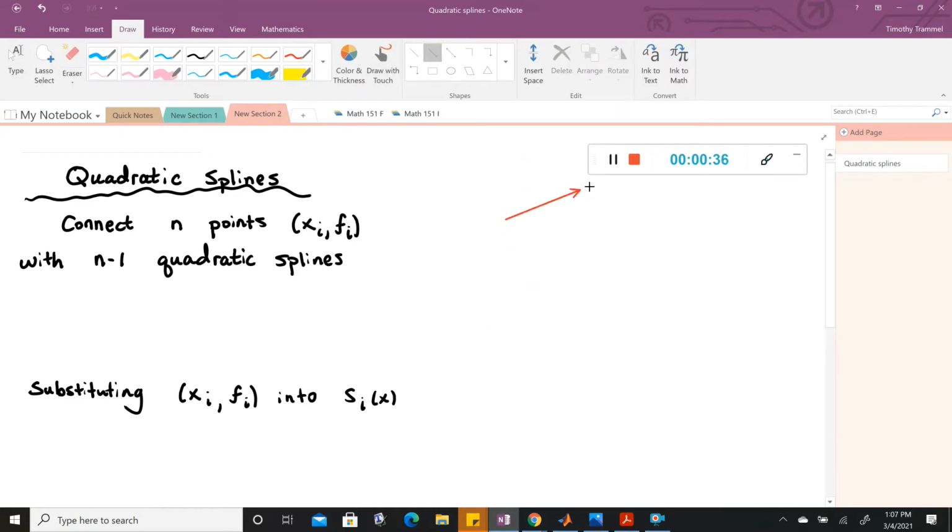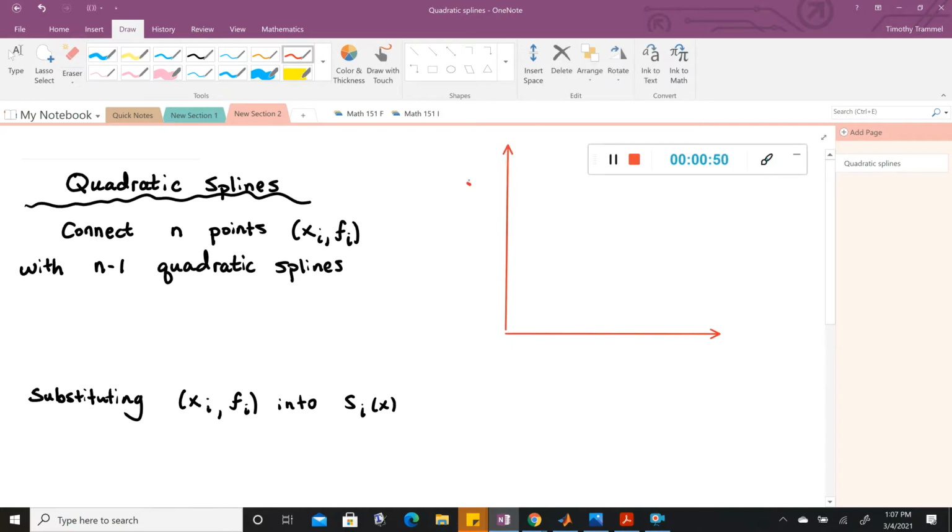Actually, let's make this our x-axis. I'm just going to move it down, and let's put in a y-axis as well. And I'm going to sketch in some random points here.